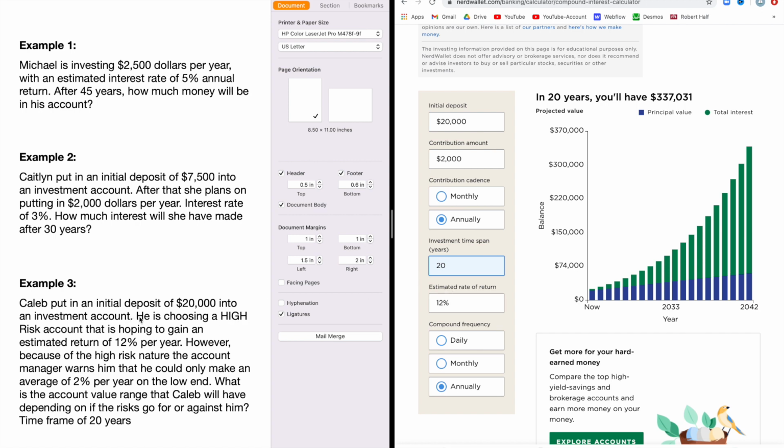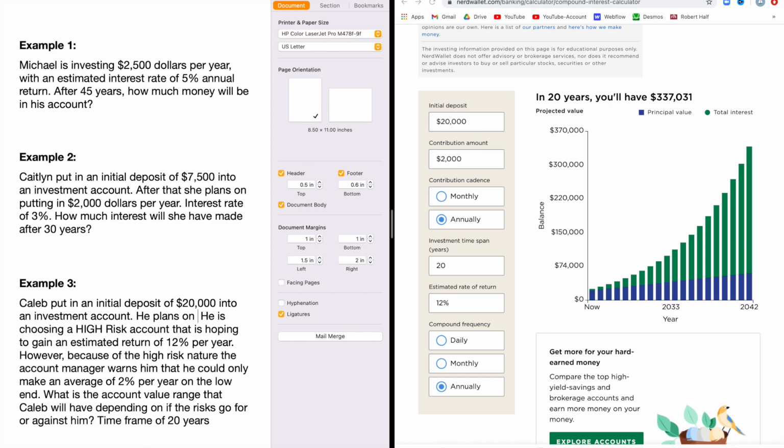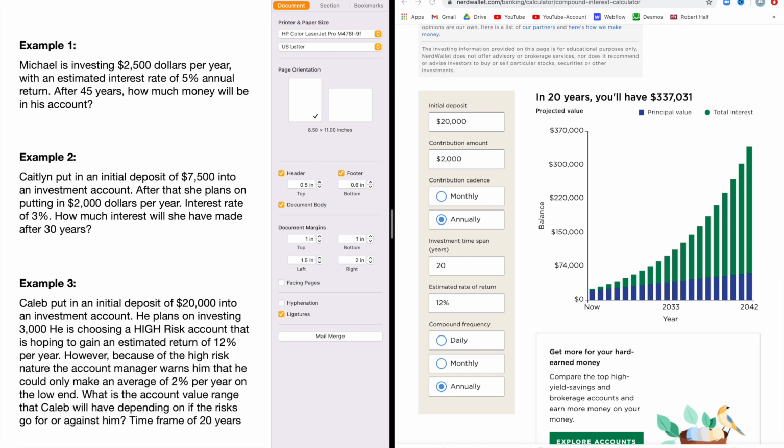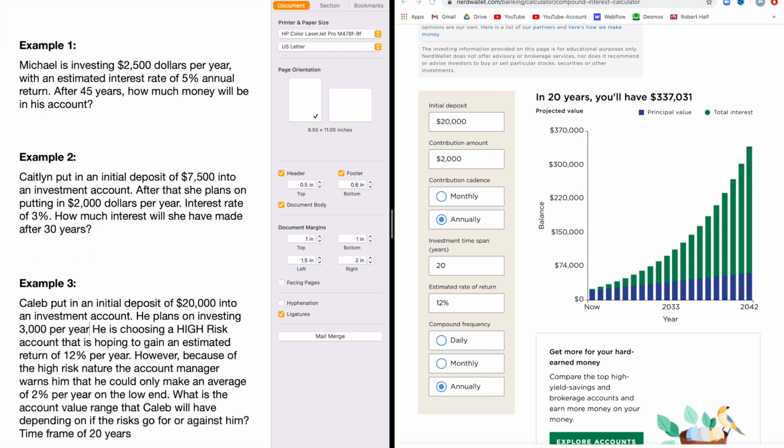And there's no designated contribution amount. And so let's say he plans on investing 3,000 per year. So our contribution amount, we're going to go to 3,000. And again, per year is annually.